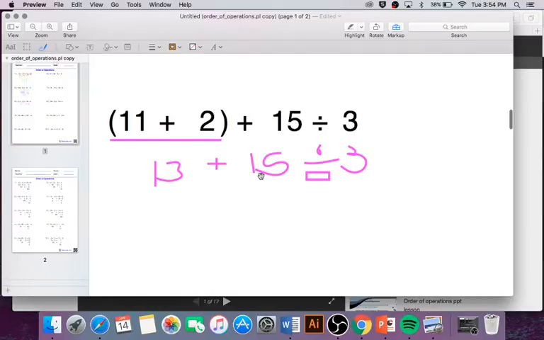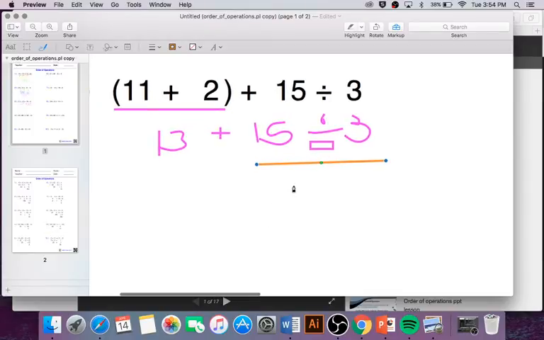Now we have 13 plus 15 divided by 3. The next thing we're going to do is our division. So 15 divided by 3 is 5. We're going to bring down the rest of the problem.